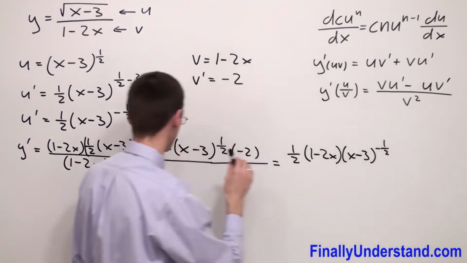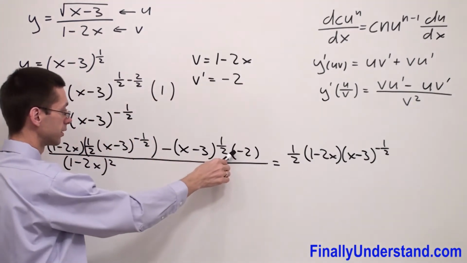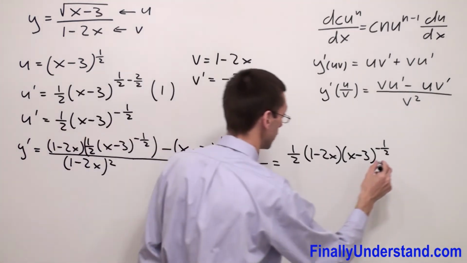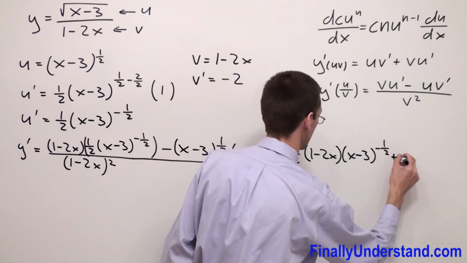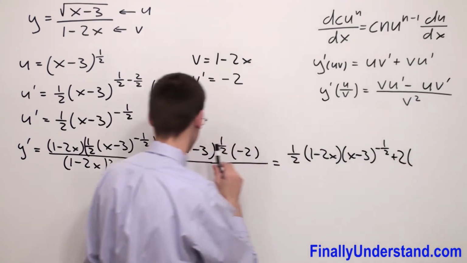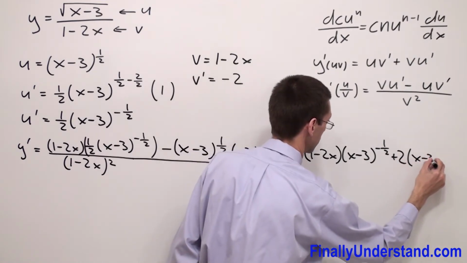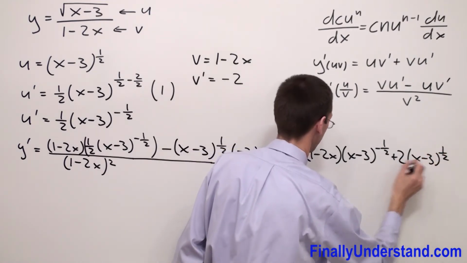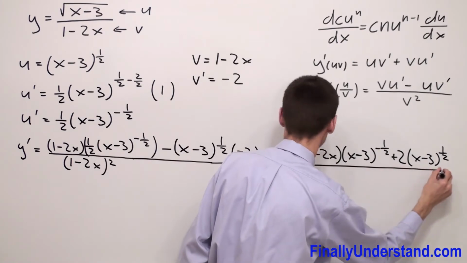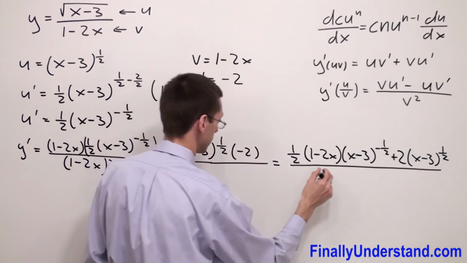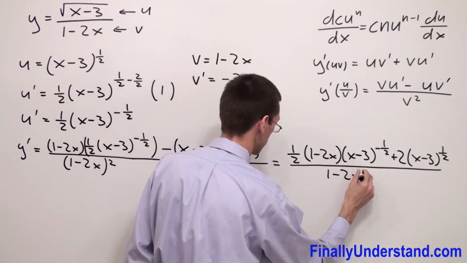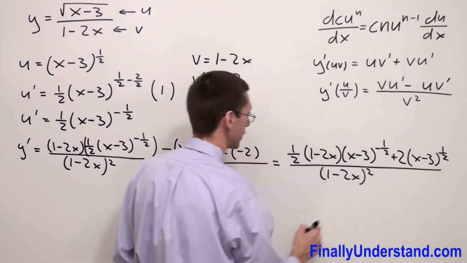And I'm going to have negative times negative, which will give me positive, plus 2 times x minus 3 to the power 1/2, over I have 1 minus 2x to the second power.